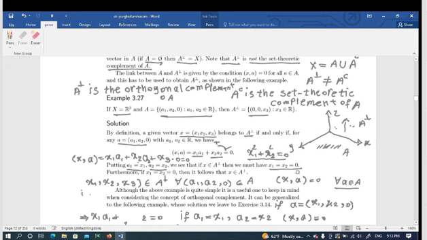Now A perp equals the triples (0, 0, x3), and this is the z axis. You know the z axis is orthogonal to the xy plane. Okay.